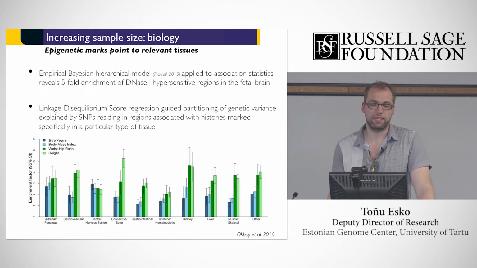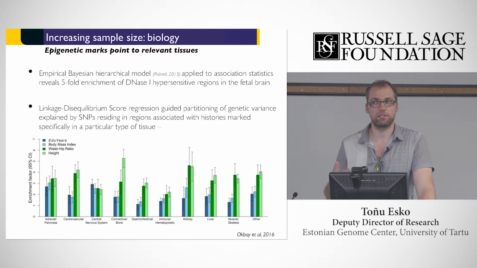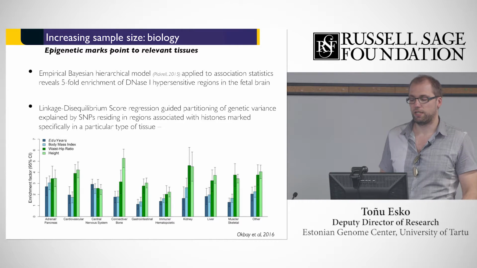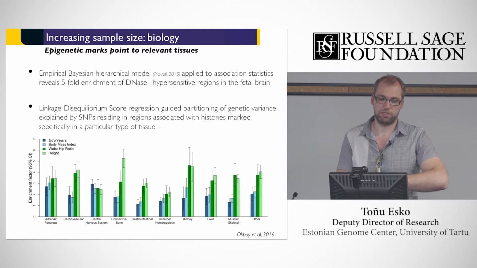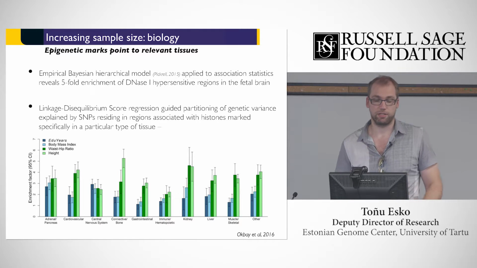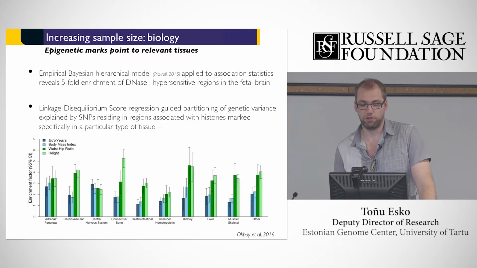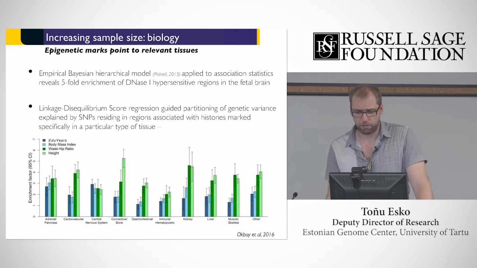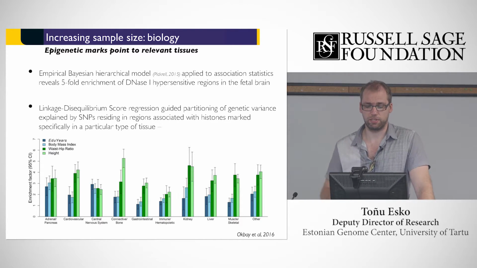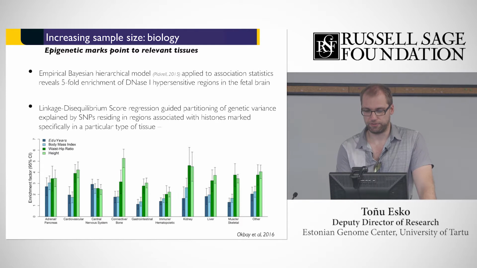It's also the most active in the brain. So these are the more comprehensive summary-level approaches that allow us to identify the tissue of action. And again, I think the example of human height is really standing out, that this indeed explains the most. Of course, the error bars are quite wide, but it's still somewhat indicative.